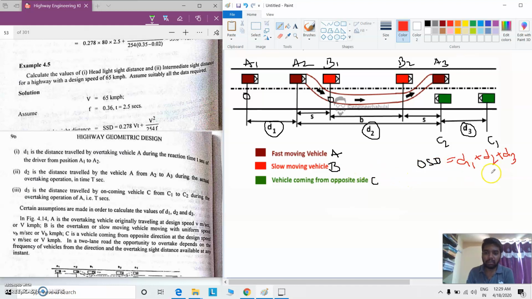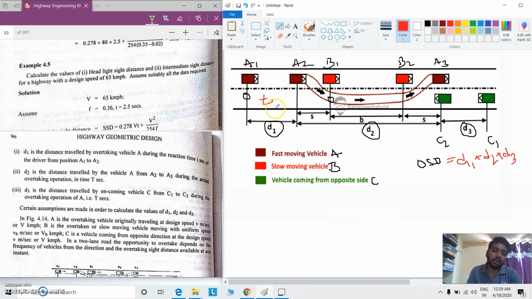Before knowing these formulas, we need to understand the situation here. d1 is the distance traveled by vehicle A during the reaction time of the driver, T seconds, from position A1 to position A2.